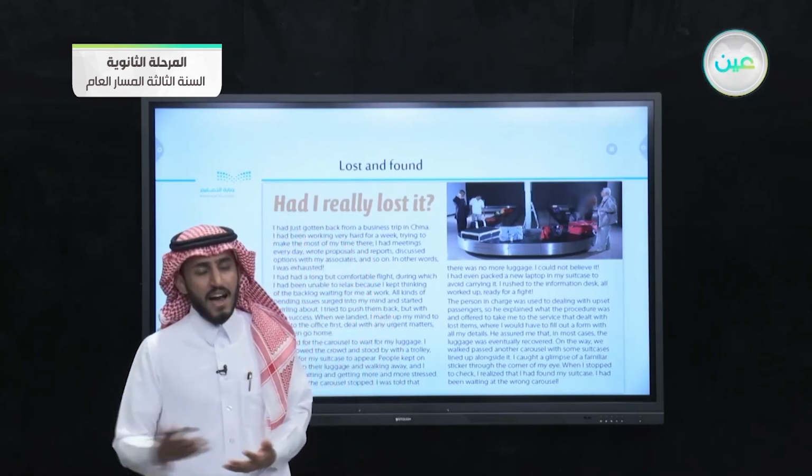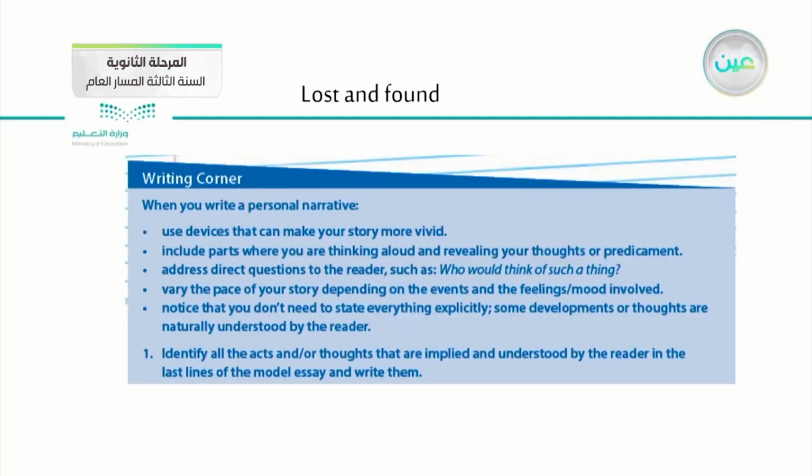After that, we went to the writing corner and we learned some ideas. When we write a personal narrative, we should use devices that can make your story more vivid: include parts where you are thinking aloud and revealing your thoughts or predicament, address direct questions to the reader such as, who would think of such a thing?